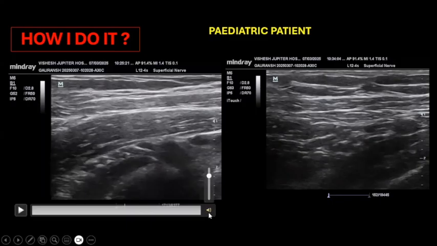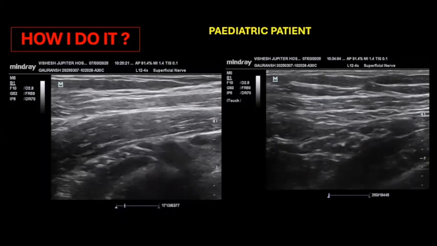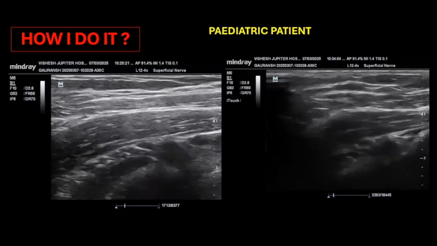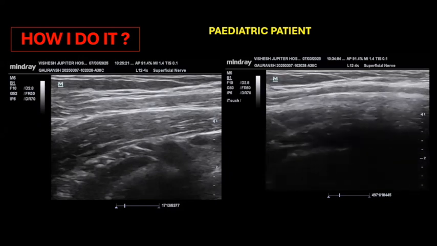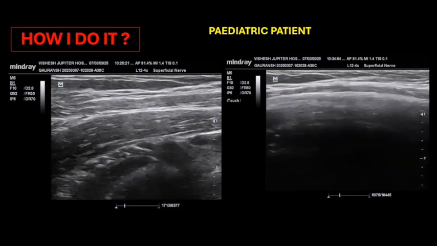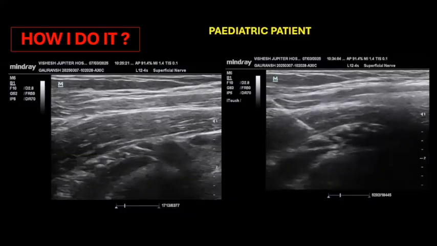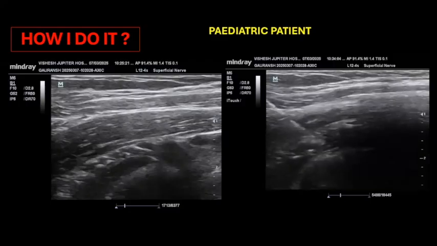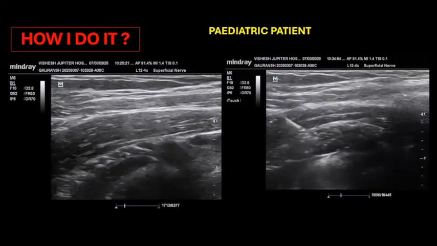Now the main procedure. A 5 centimeter stimulating needle is introduced from lateral to medial side into the superior or anterior compartment, just beneath the lateral cord. 2 ml of the local anesthetic is instilled. You can see the spread of local anesthetic around the lateral cord.